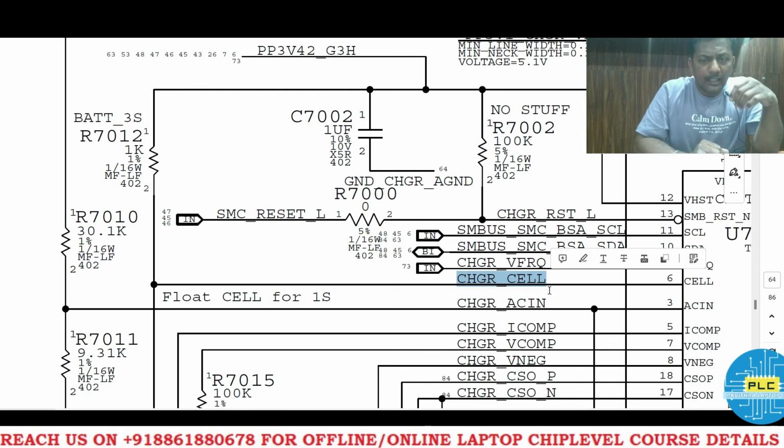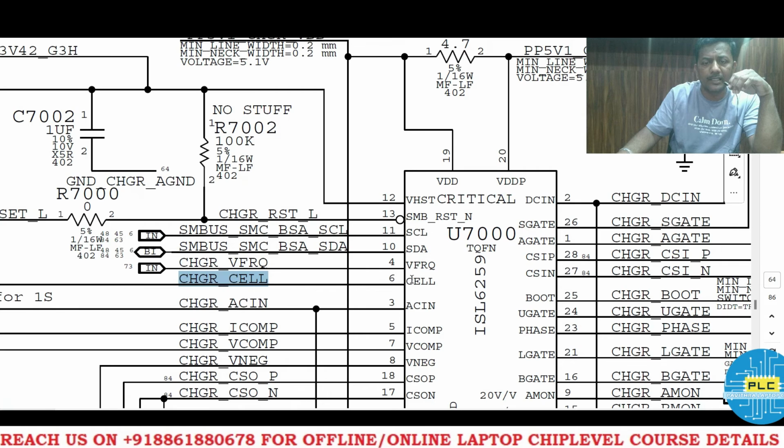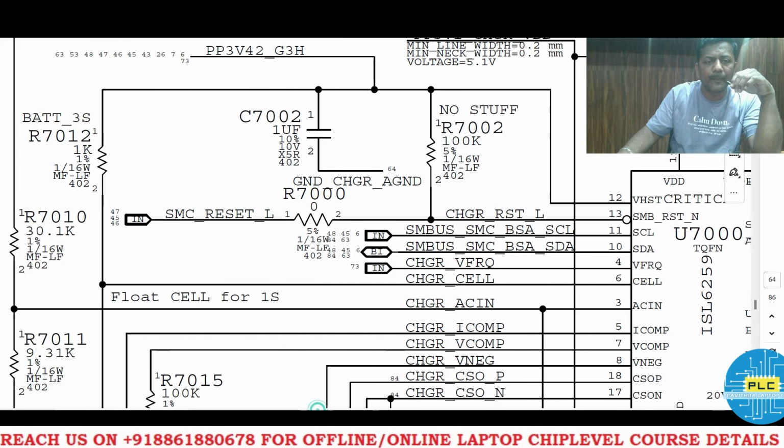See, this is the most important one, and there is one more also, that I will also tell you. Here is the charge cell. Okay, in Windows we won't see this cell, right, in a normal charging IC, but here is a special IC. So we are seeing this CELL, pin number 6. What it does, that we come to know.